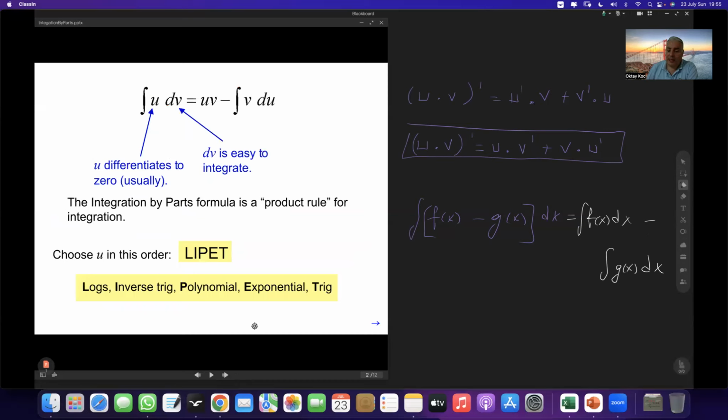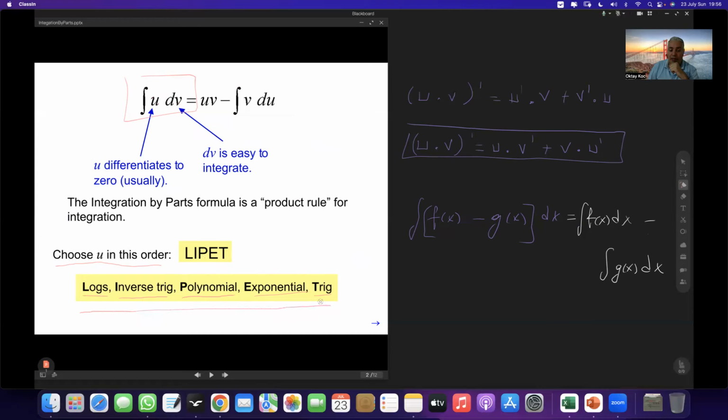Based on our experience as math teachers, we recommend to our students, if you want to decide what to call u in this integral, we say LIPET, which means L is the abbreviation for logarithms, I for inverse trigonometric functions, P for polynomials, E for exponential, and T for trigonometric. If in the integrand there is something in terms of logarithm, we give priority to that function as u.